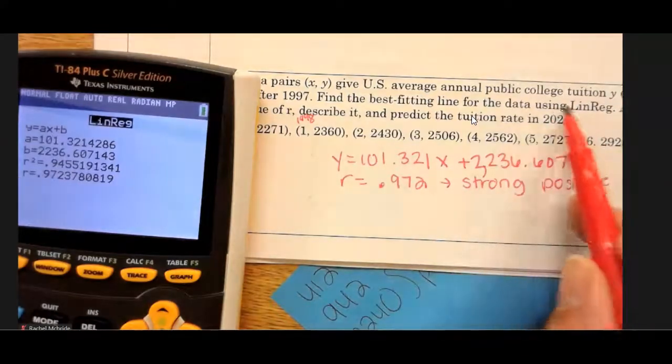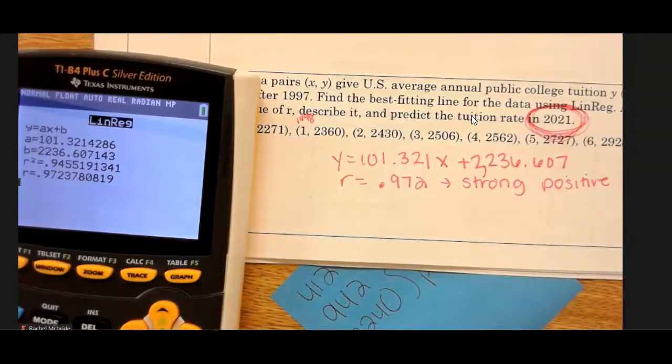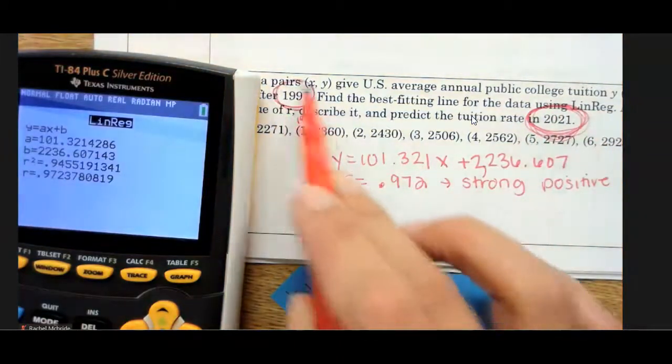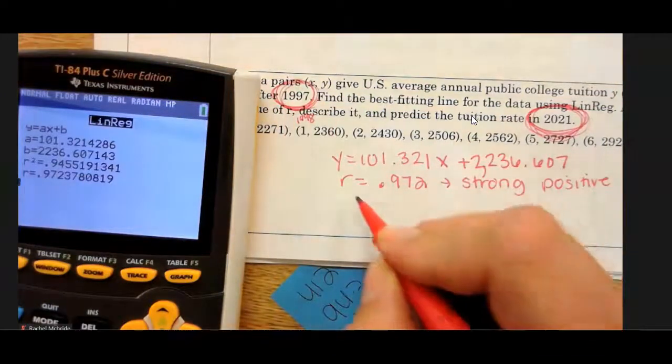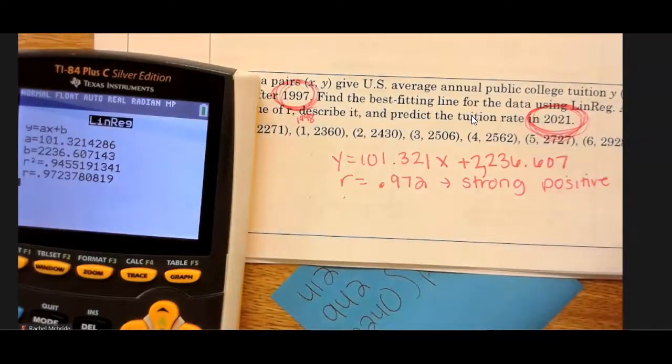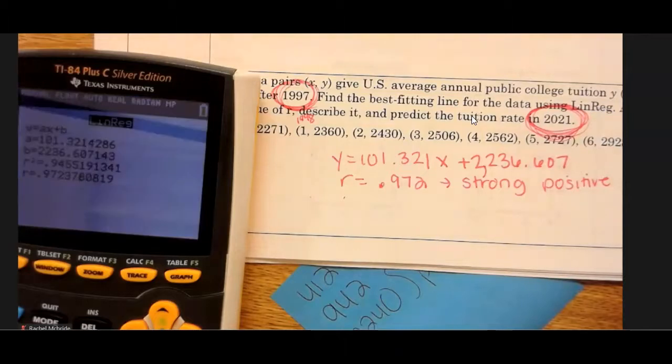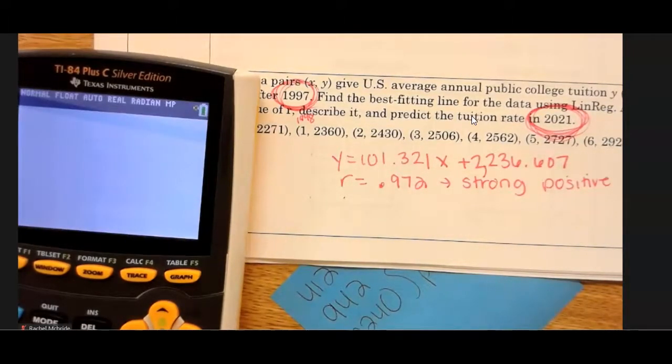And then I want to predict the tuition in 2021. So this starts in 1997. So 2021 minus 1997 gives 24 years. So that is the X value I am predicting.